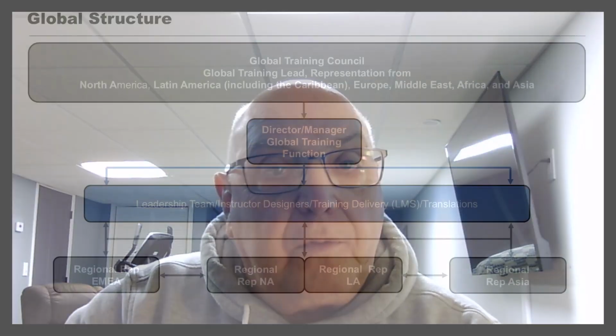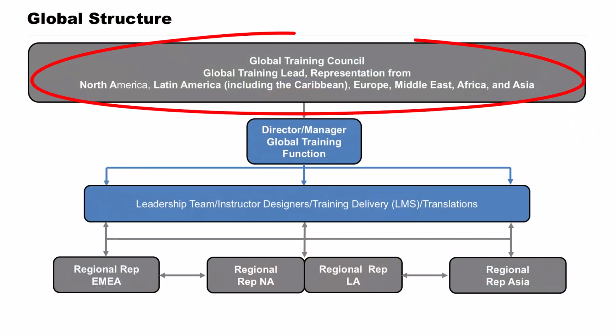So the first thing we want to talk about is the actual structure and how that affects people. If we look at the structure, on the top we have what I call the Global Training Council. In the Global Training Council, this is where you'll have representation from people from all walks of life and different job responsibilities, but you need representation from the regions that your current organization is serving today.